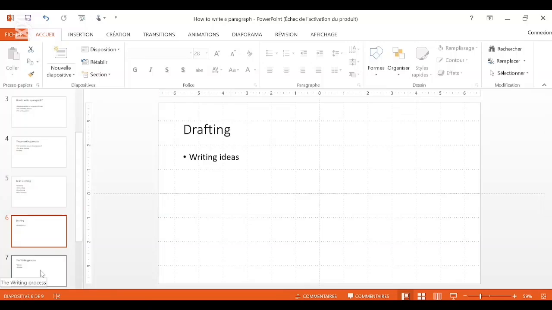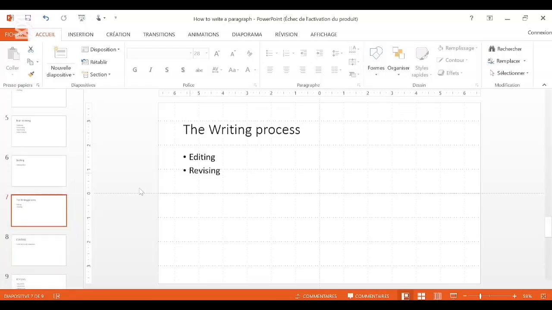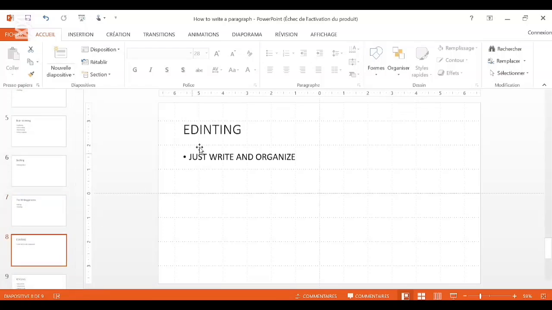Now we move to the second step, the writing process. So after thinking and trying to collect information, we pass to the writing process, which is a compound of editing and revising. So first, editing is just writing and organizing.